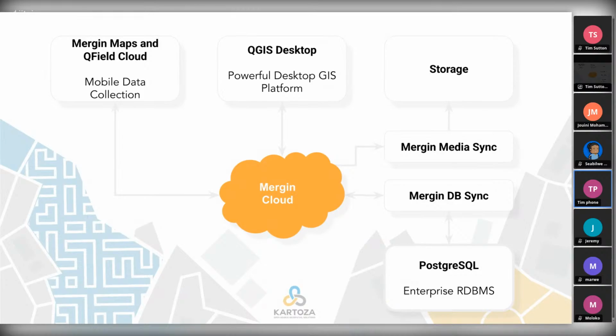And this Mergin Media Sync will allow you to pull the data out of Mergin Cloud onto your own platform, be it on your laptop or on your cloud server. And that way you have data sovereignty. You basically get to store all the data that you capture in your own infrastructure if you want to, and you're just using this as a conduit to getting the data into your own infrastructure.